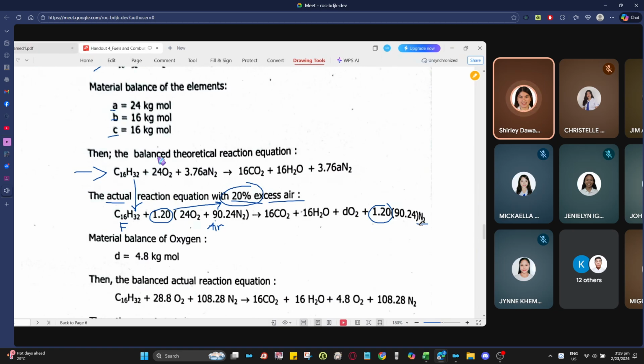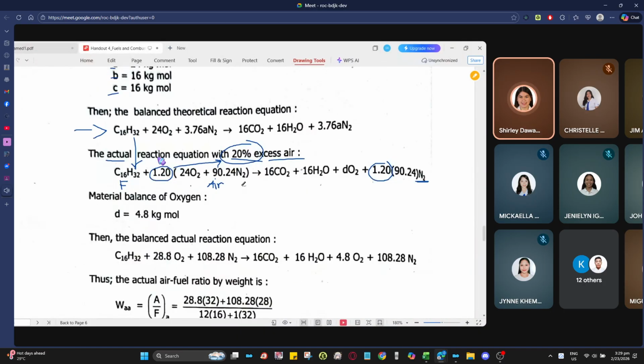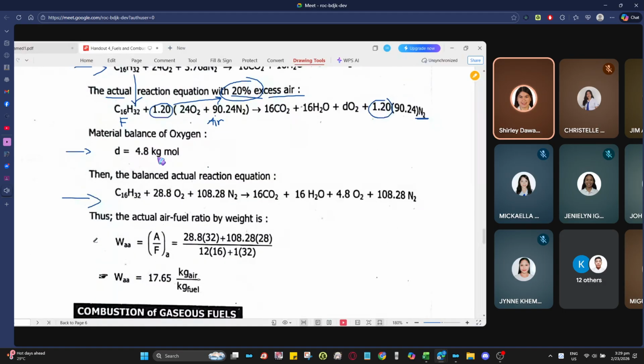It also appears in the products of combustion since there is nitrogen. Then balance again, you will get D, and this is the final balanced actual reaction equation.